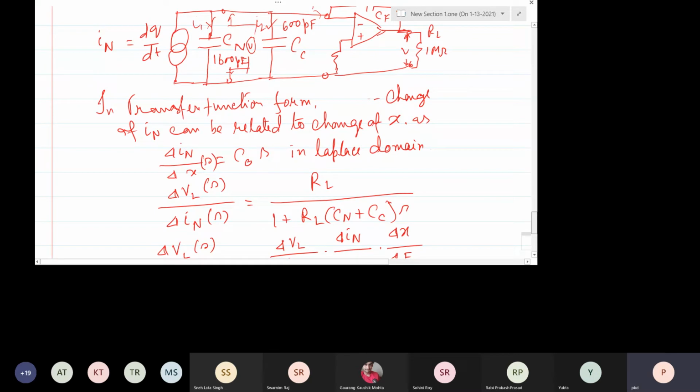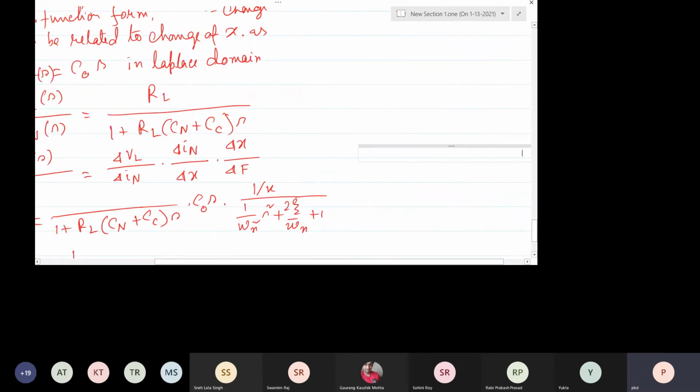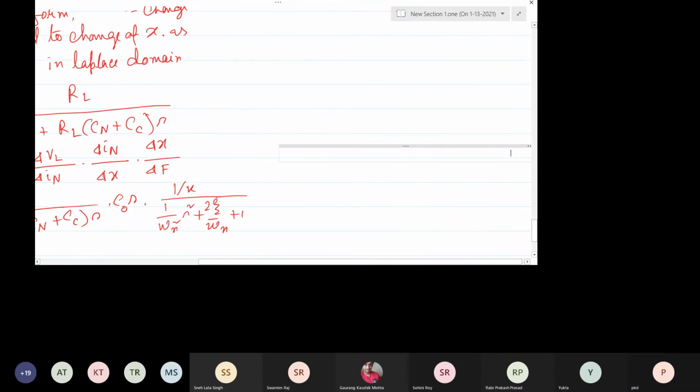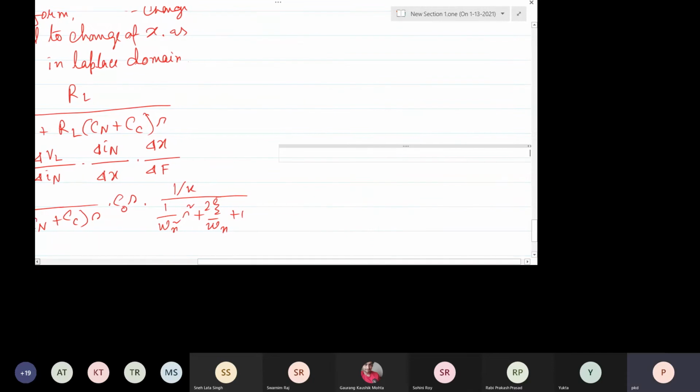Okay, I shall do it separately. Just take this relation for the time being now. Oh, somebody is doing something. Screen is going out.